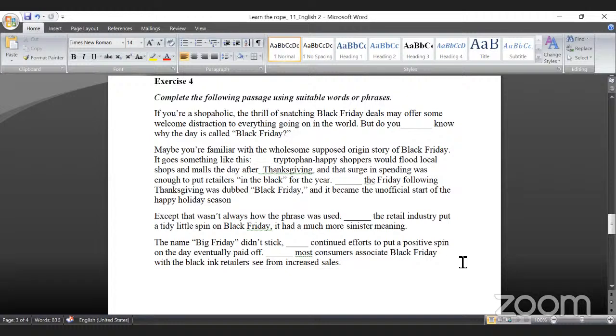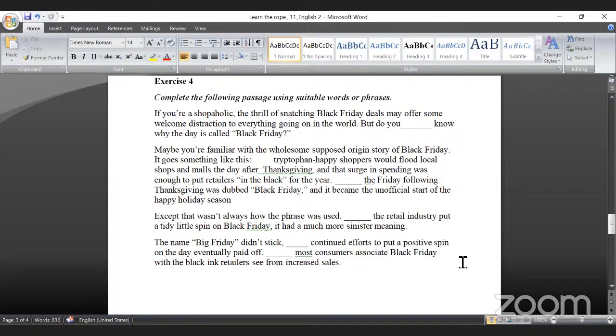For years, tryptophan happy shoppers would flood local shops and malls the day after Thanksgiving, and that surge in spending was enough to put retailers in the black for the year. Dash the Friday following Thanksgiving was dubbed Black Friday. Consequently, so, therefore, hence, anything.